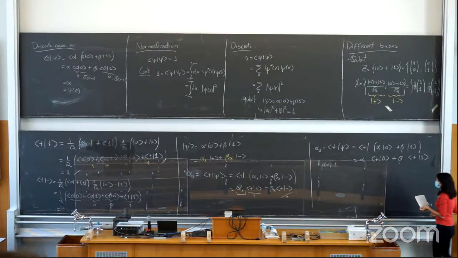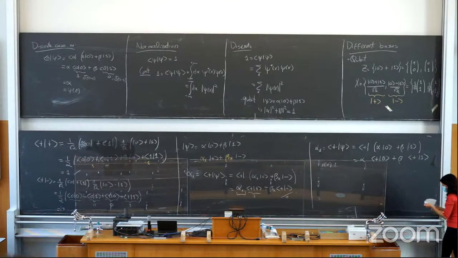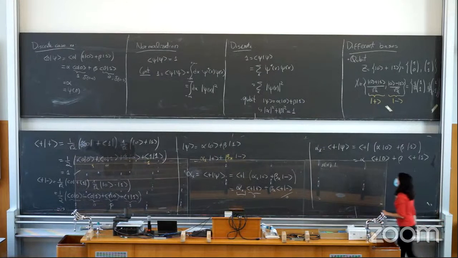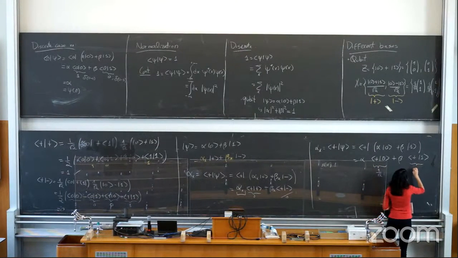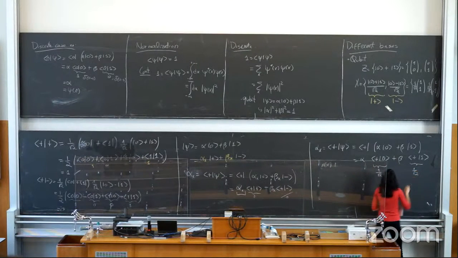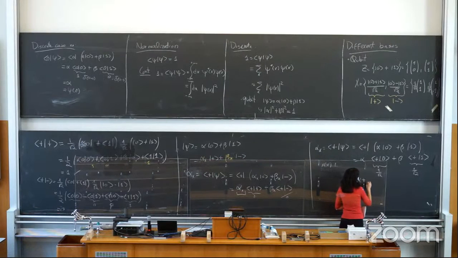Okay, so now we just need to compute these inner products here. And they happen to be all, we'll show it in a moment, but this is 1 over square root of 2. And this is 1 over square root of 2. So let me just give you the result and then we show it. So you get alpha plus beta over square root of 2.